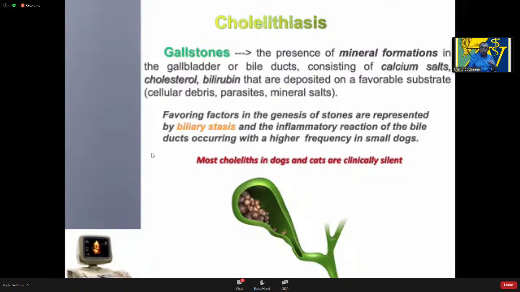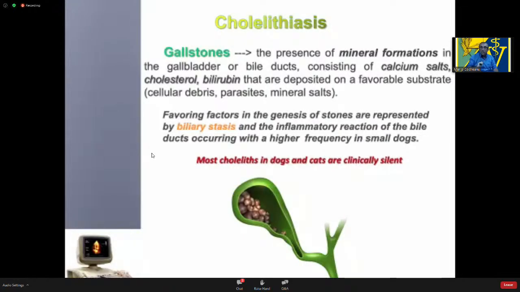But it's important to notice, in addition to this, that cholelithiasis and the presence of gallstones can be a surprise after or during the ultrasound examination, because in many cases, most gallstones in dogs and cats are clinically silent.